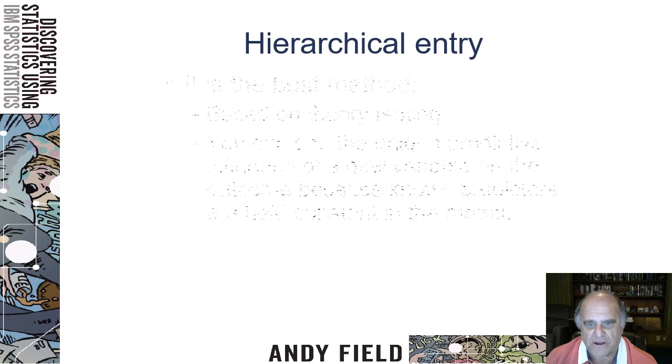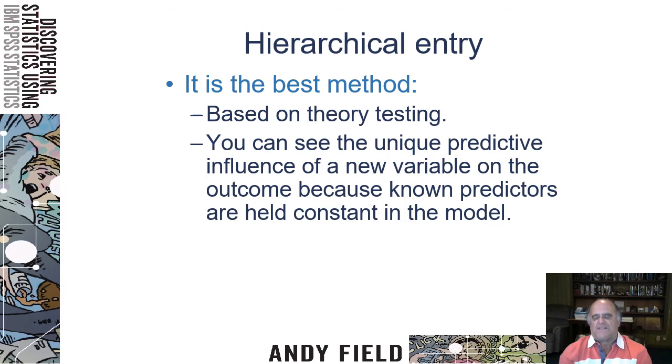Okay, so hierarchical entry. Field actually argues it's the best method. He may be right. He argues it's based on theory testing, and that the advantage is you can see the unique predictive influence of a new variable on the outcome because new predictors are held constant in the model.